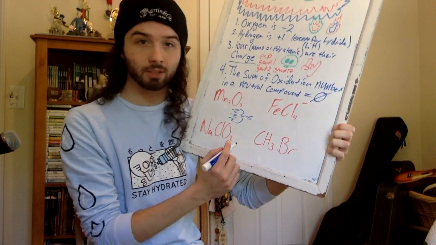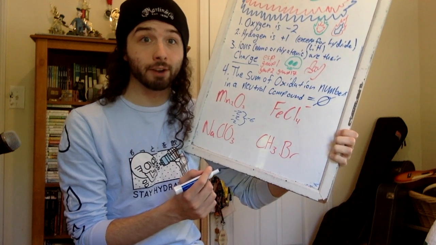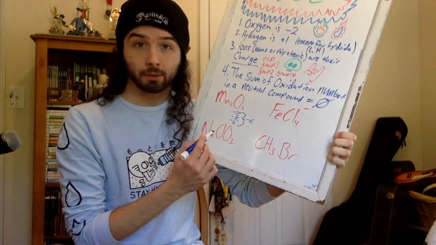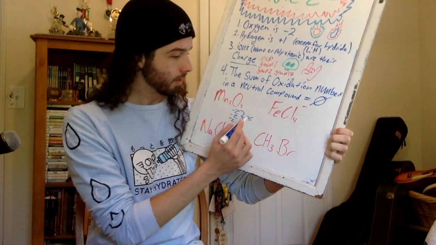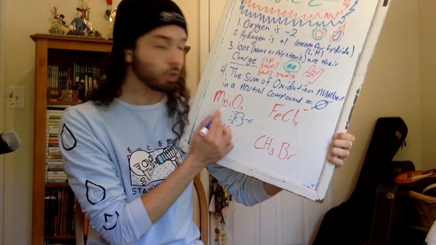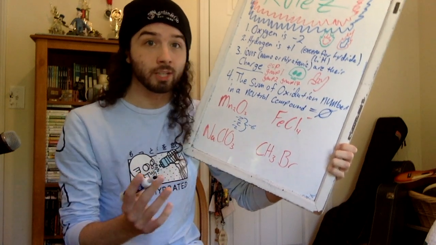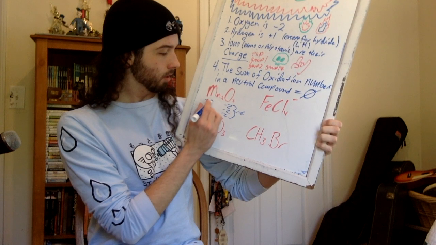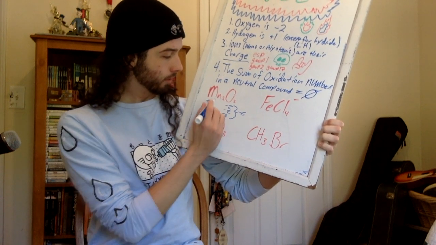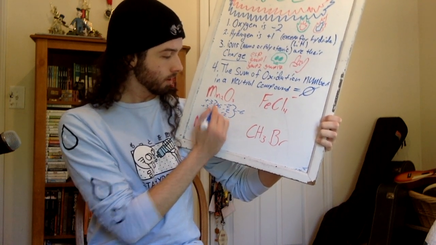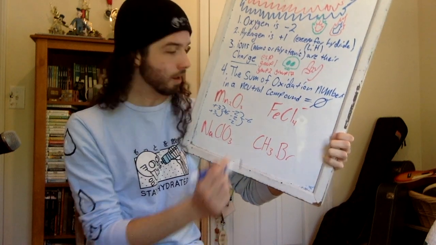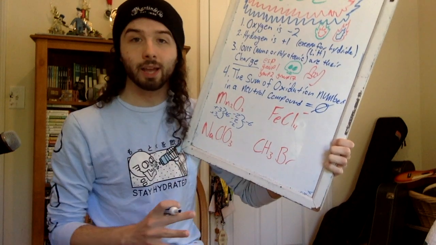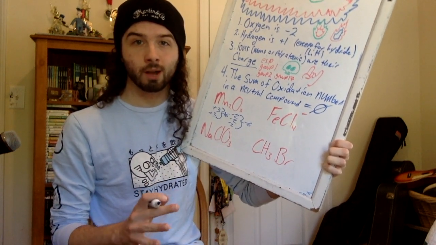Now we have to figure out, since this is a neutral compound, how to make this balance out. In order to get a +6 on this side, we have 2 manganese. What is each of our manganese going to have to be? That is correct. It is going to be +3 for each of our manganese, giving us +6. So now our overall compound is balanced out. +6 minus 6 gives us 0, and we have our balanced neutral compound.